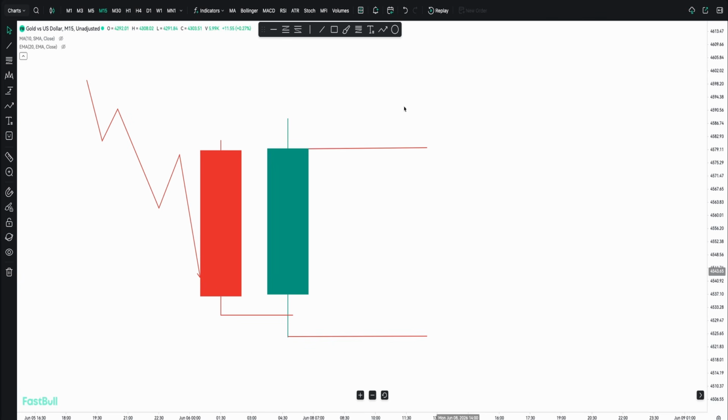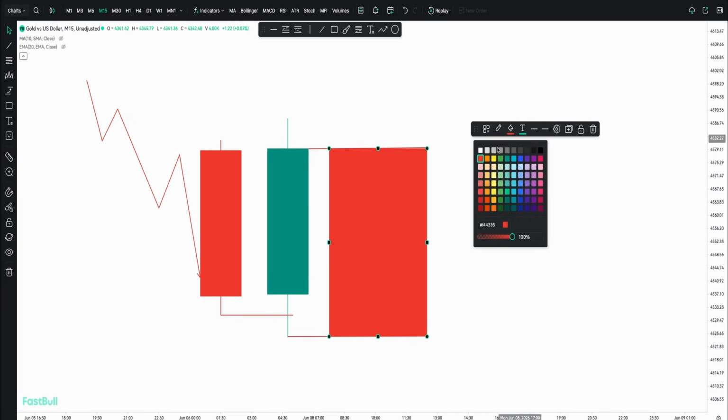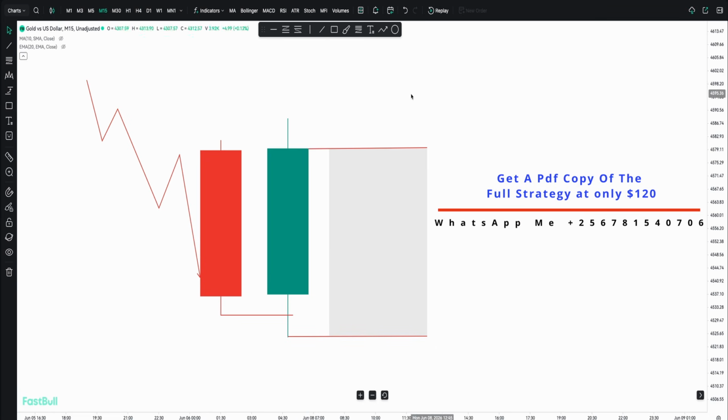Okay, so after you've done this on the 15 minutes chart, make sure you've drawn this correctly, and then you have a tradable zone in between those two lines like this. Okay, so this zone here, you can make it any color you want, like make it gray, and then you go down to the 1-minute chart to look for trades.